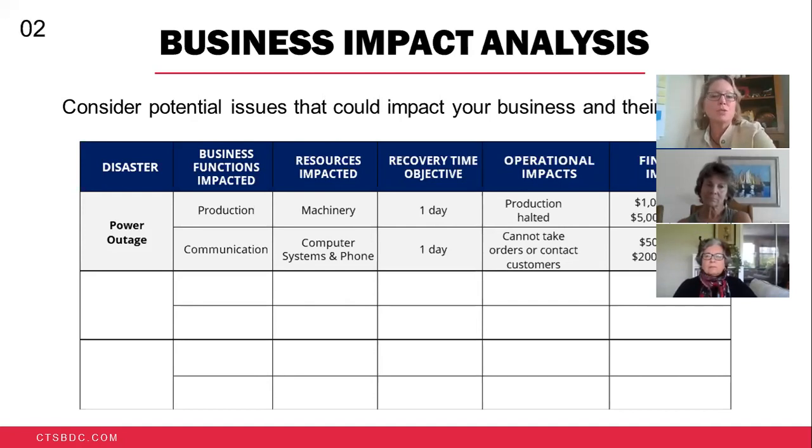You can break it down even more. So under resources impacted, machinery, and under there you could have 5 employees. The disaster on the left-hand side can get as detailed as workplace violence. It could be a hazardous disaster, a fire, a medical emergency, floods, or bomb threats.